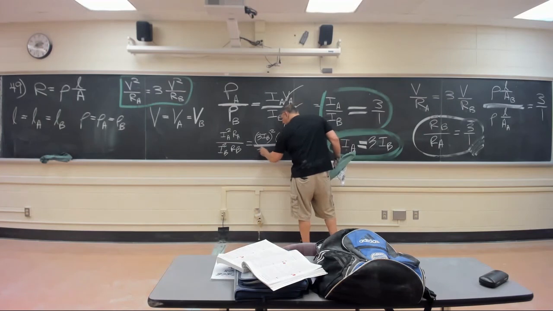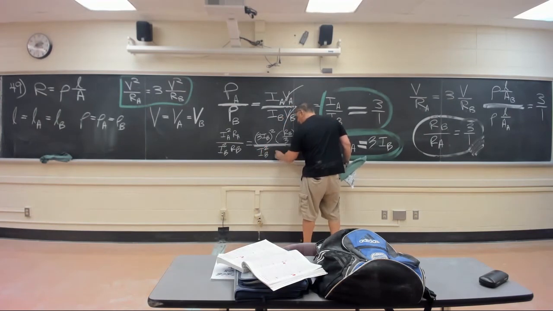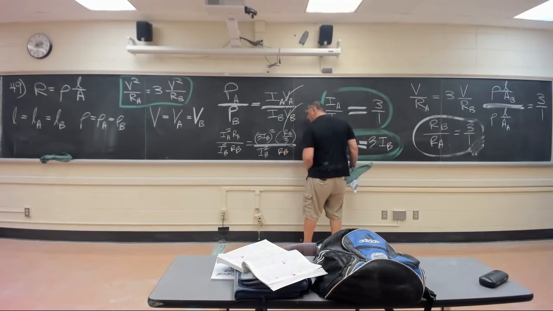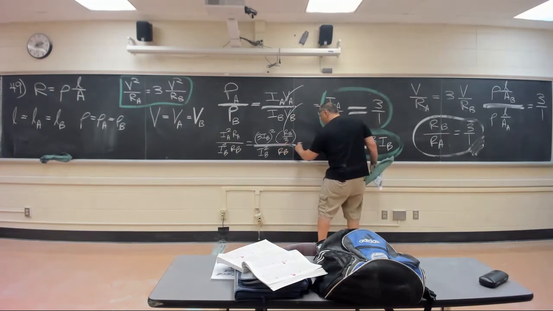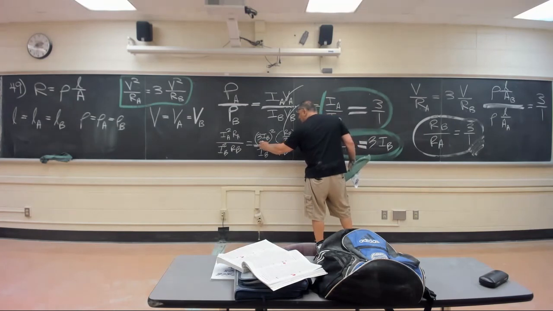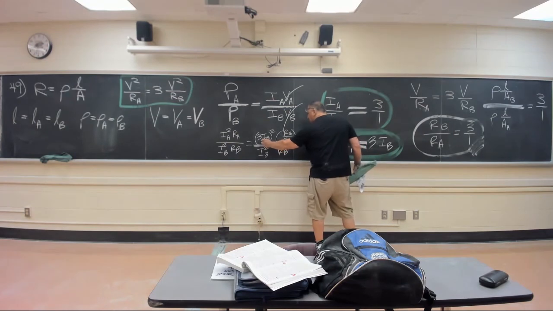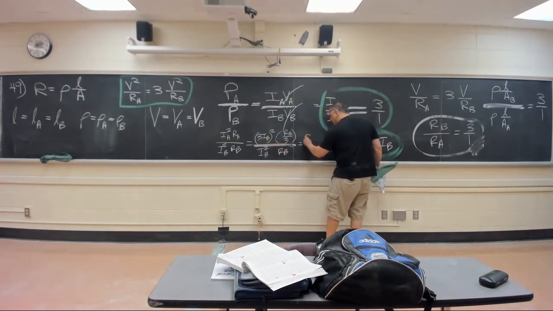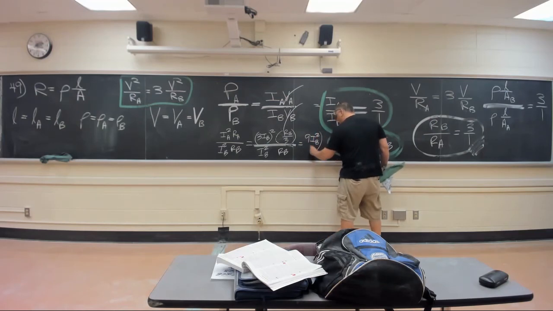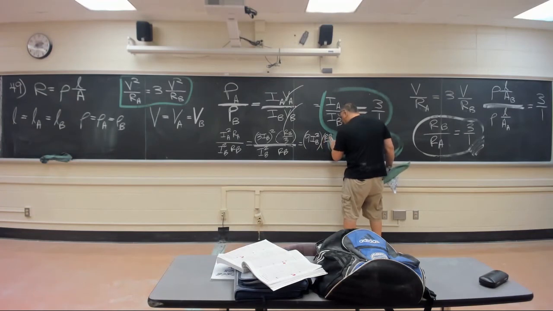Down here, you got IB squared RB. Wait a minute. Square the product 3IB. That's 9IB squared times RB over 3.